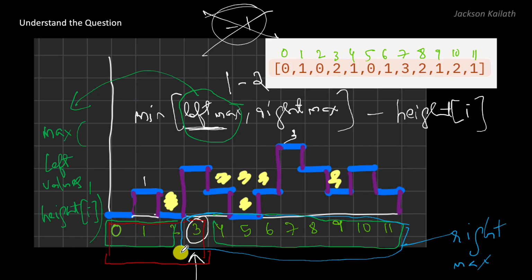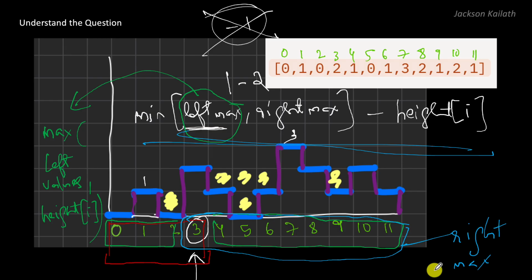So if you do it in this manner, you're ensuring that left max will never be less than the height at that particular index. Similarly, right max will never be less than the height at this particular position that we are talking about. And in this way, when you do minimum between left max and right max and you subtract height at index I from it, you will never get a negative value.